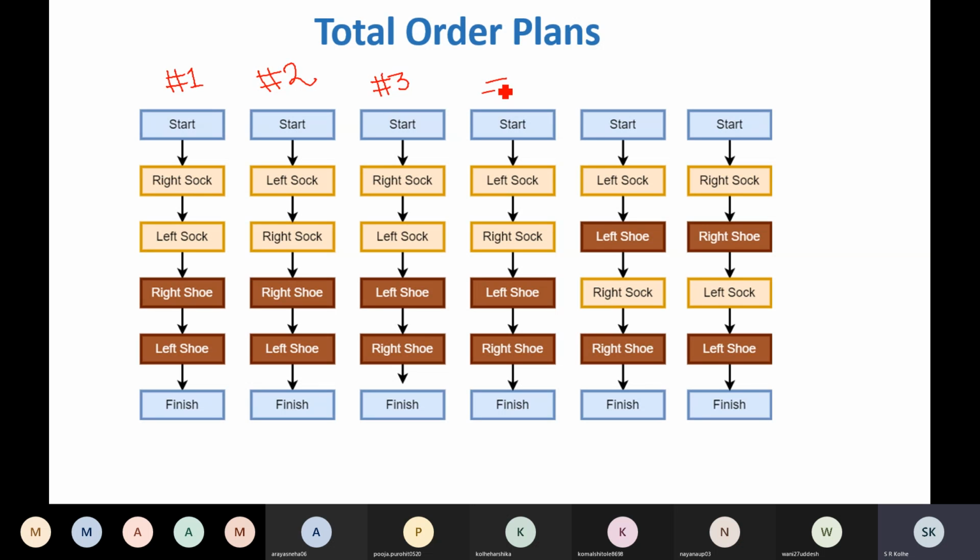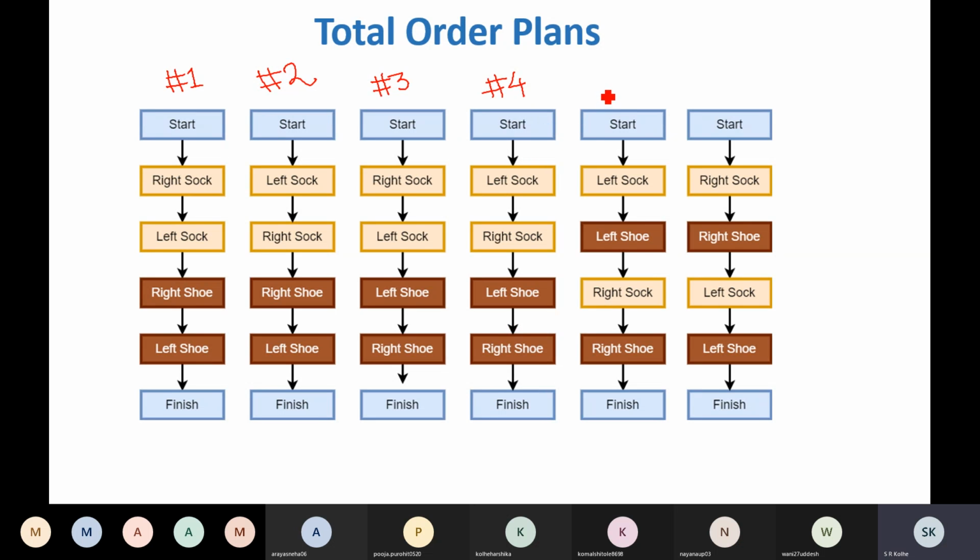The fourth possibility is another way. You wear the left sock and then the right sock, as in plan 2. But after that you change the latter sequence. You wear the left shoe first and then the right shoe. So at the end, again, no problem here. Right shoe on and left shoe on will be true.